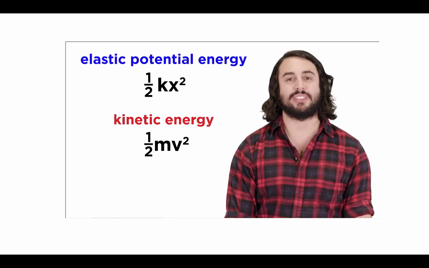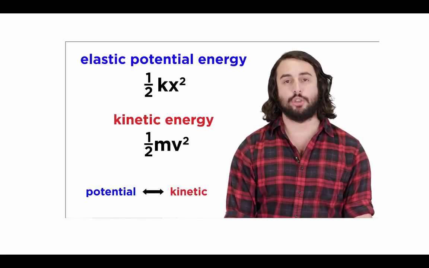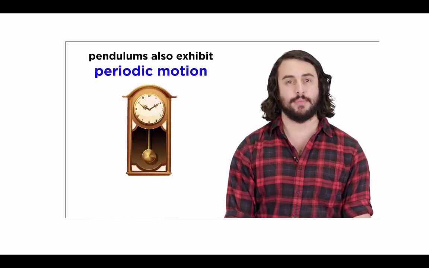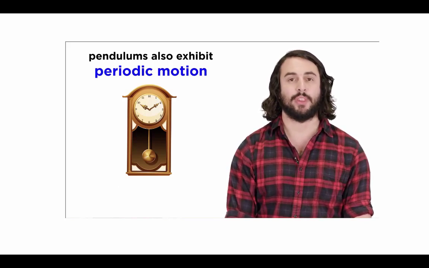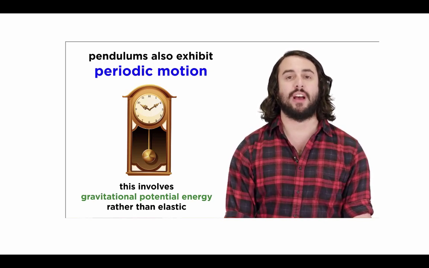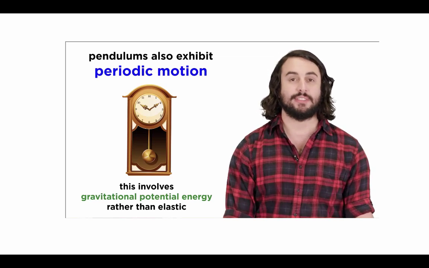This expression looks similar to the expression for kinetic energy, which is convenient since the two will interchange as the mass oscillates. A pendulum also displays periodic motion since it swings back and forth between the same two positions, although this involves gravitational potential energy rather than elastic potential energy, and we will look at this behavior next. Let's check comprehension.